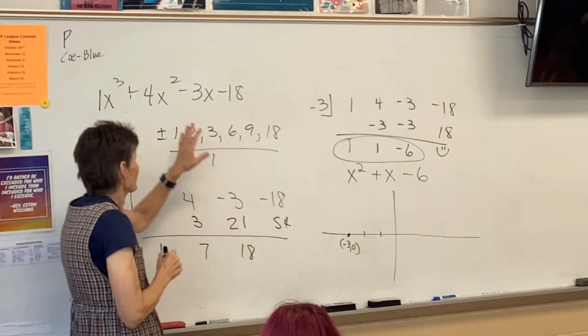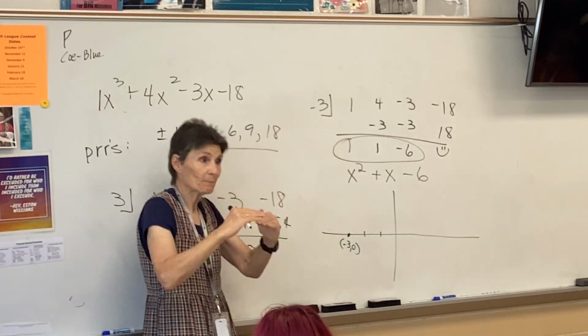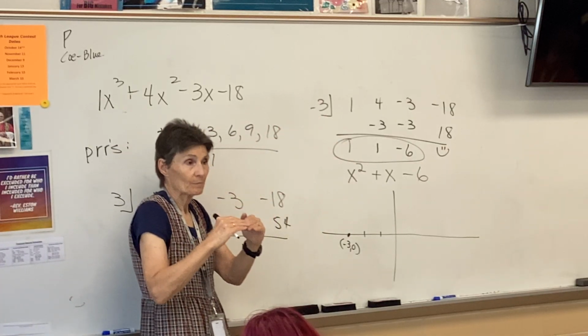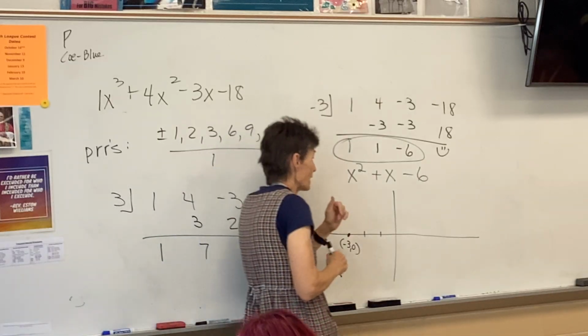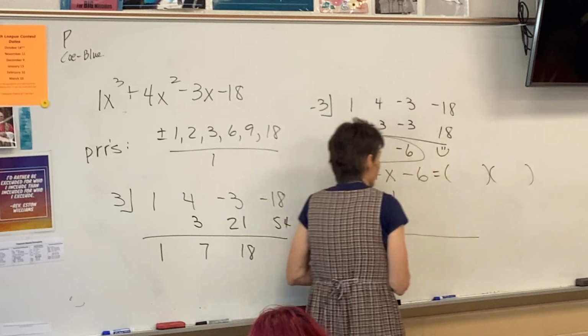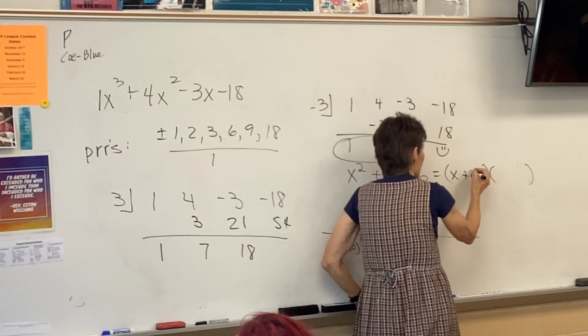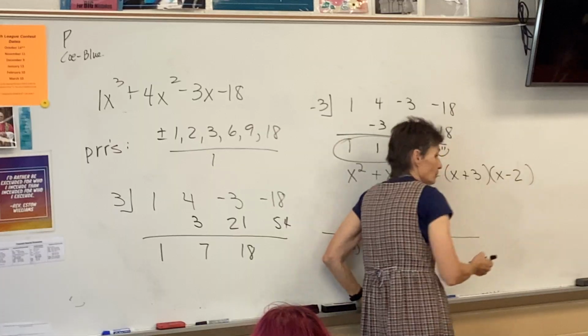Remember, the original was x cubed. We did a division. That dropped it down to x squared. Now, what can you tell me about x squared plus x minus 6? X minus 2, x plus 3. I heard an x plus 3 and an x minus 2.